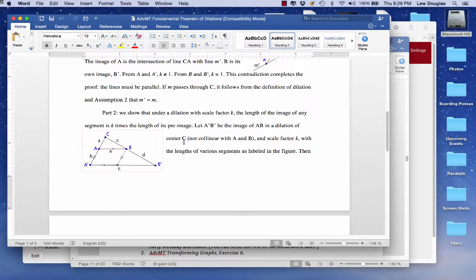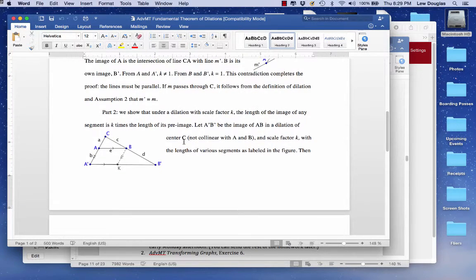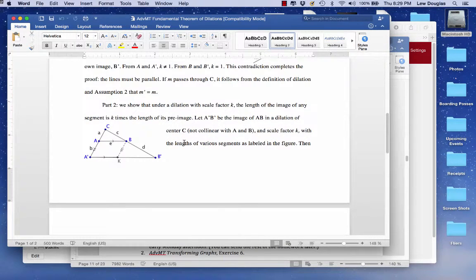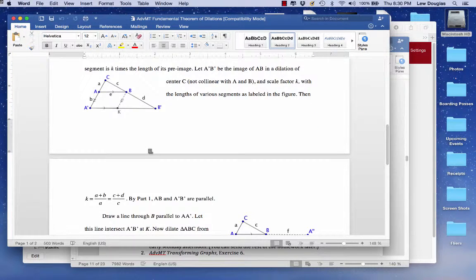The scale factor is K, with the lengths of the various segments labeled in the figure: length A, length C, length E, length B, length D. Then K, the scale factor, is A plus B divided by A. That's the definition of the scale factor from C. And C plus D over C must also be equal to K.